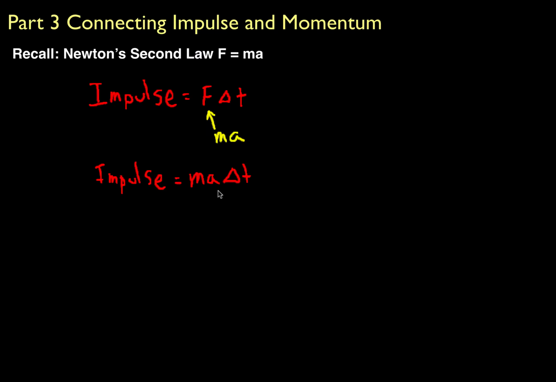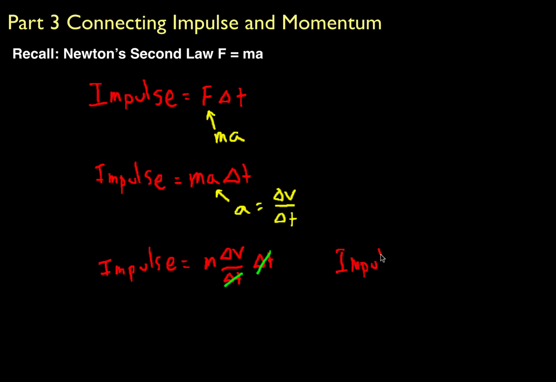Also remember, back from Physics 20, that acceleration is change in velocity over change in time. This gives us impulse equals m delta v over delta t times delta t, and whenever you have the same quantity on the top and bottom of a fraction, it can be cancelled out. So this gives us impulse equals m delta v.